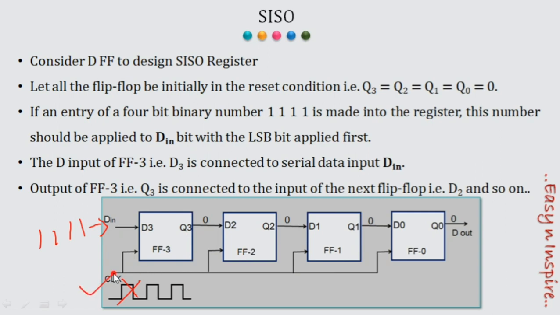A clock is necessary. If the clock is not applied, it will not produce any output. Please remember this. I'll apply this input to these flip-flops and explain how the output is obtained. Please pay attention.